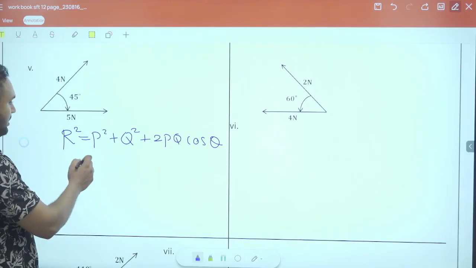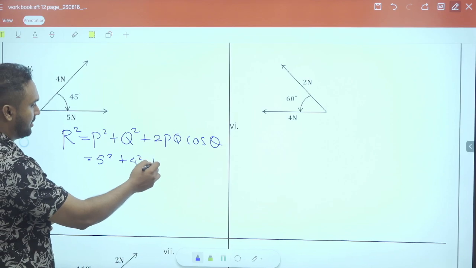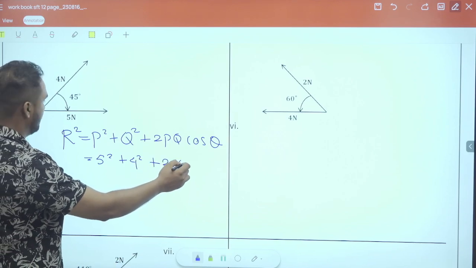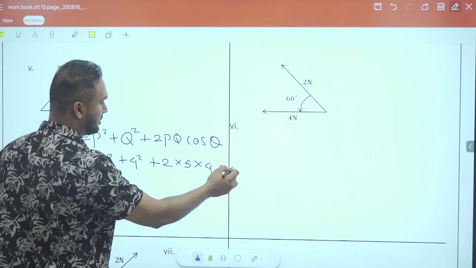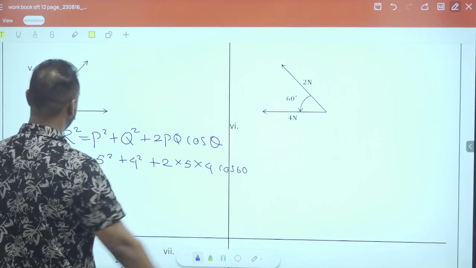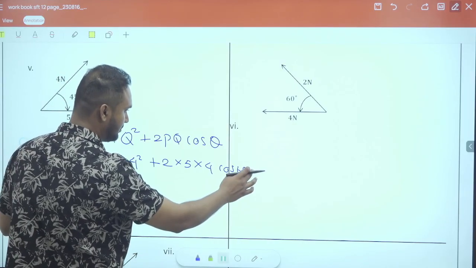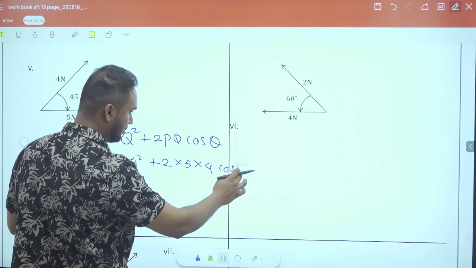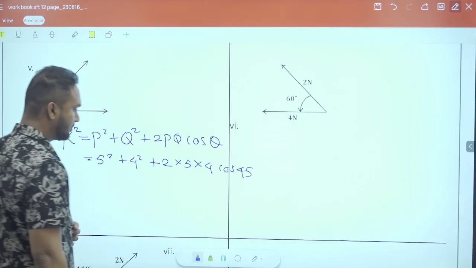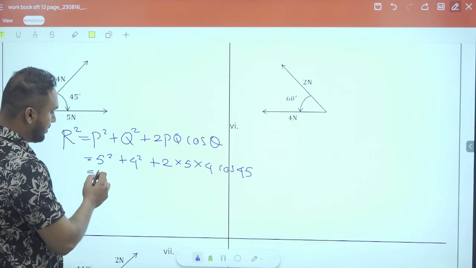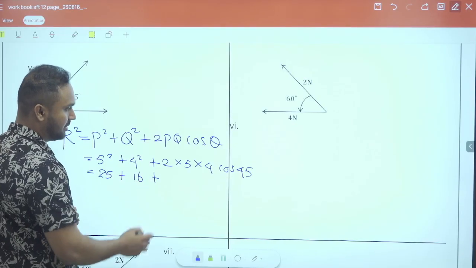So what is R square here? 5 square plus 4 square plus 2 into 5 into 4 cos 45, right? So 5 square is 25, 4 square is 16, plus.